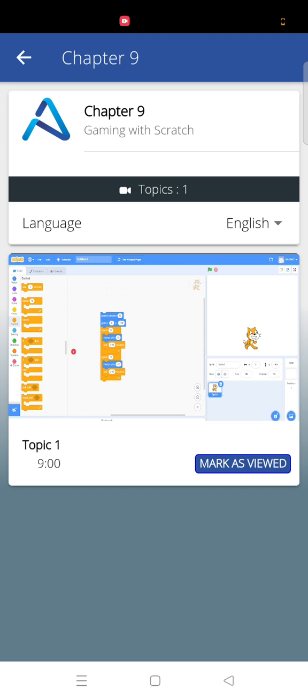If we change the duration of the wait block to, let's say, 0.1 second, let's observe what happens. Now the cat is jumping but slowly.